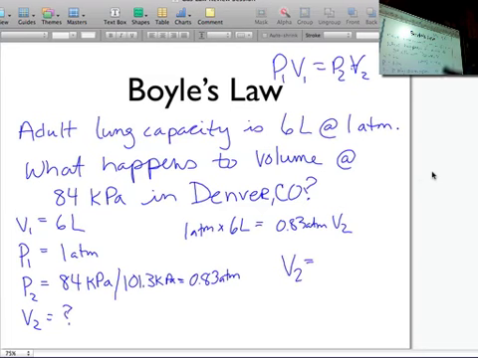If pressure goes down, volume goes up. So our new volume should be higher. And my calculator says it is 7.2. That'd be a lot bigger. It's like double. Well, the pressure didn't get half as big, so. Okay? So, a simple problem dealing with Boyle's law and lung capacity.